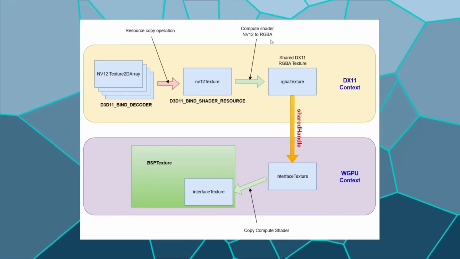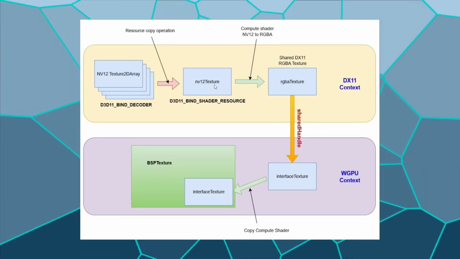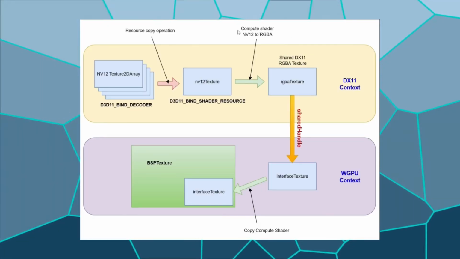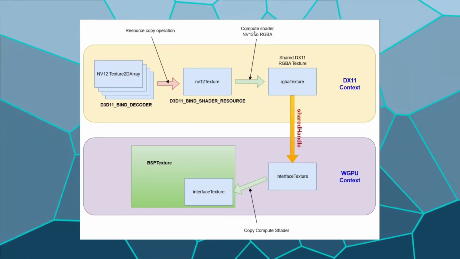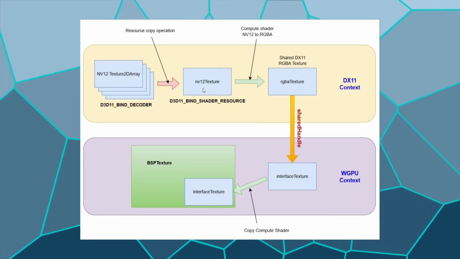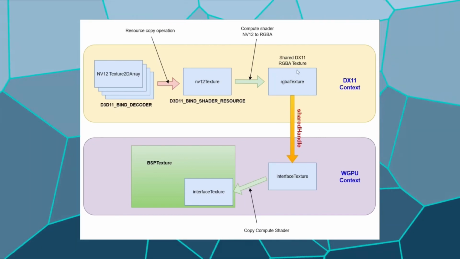Then we have to do the conversion from the NV12 format into the RGBA format. For that, we're going to use a dedicated compute shader, provide the luminance and chroma plane from the texture as input, and write directly into the output texture.